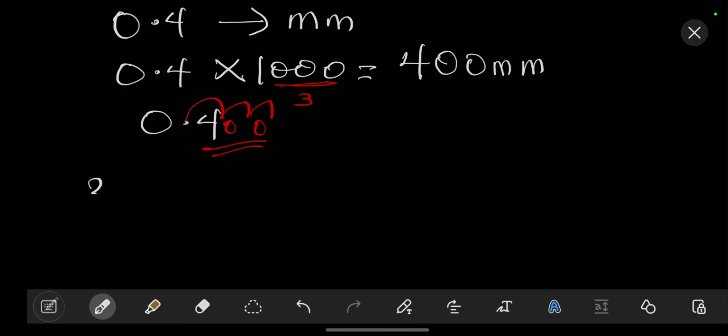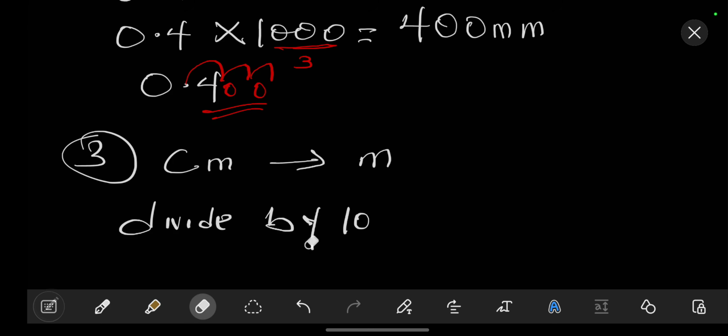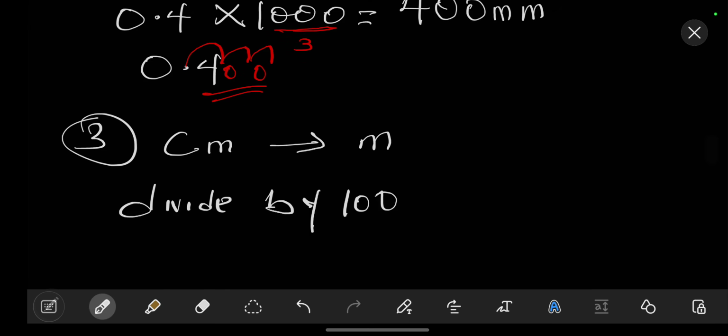So the third one, number 3 right now, let's see how we can convert from centimeters to meters. How do we do this? We'll have to divide the value in centimeter by 100, I beg your pardon, not 1000.